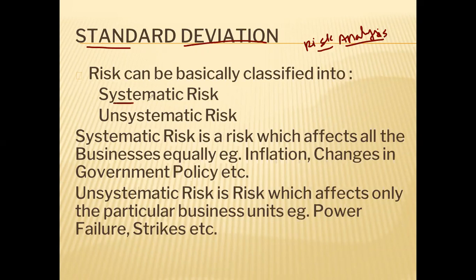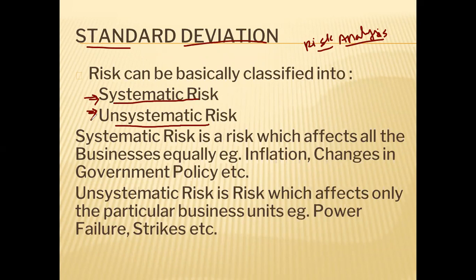One is systematic risk and another is unsystematic risk. Okay, all risk will either come under systematic risk or be grouped under unsystematic risk. So two broad classifications in which you can group risk are systematic risk and unsystematic risk.